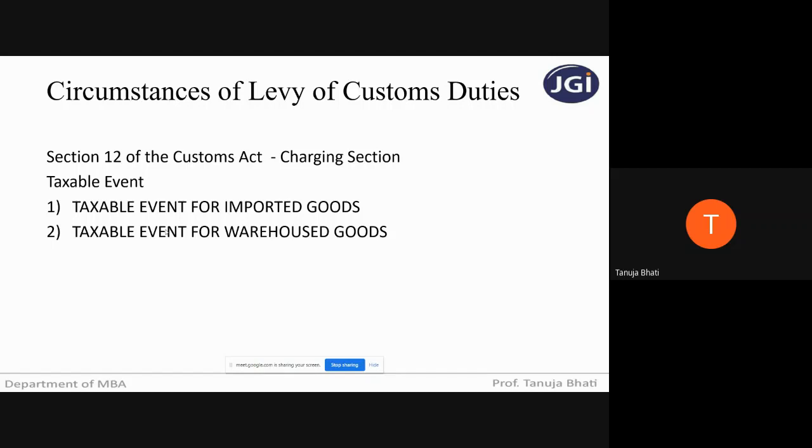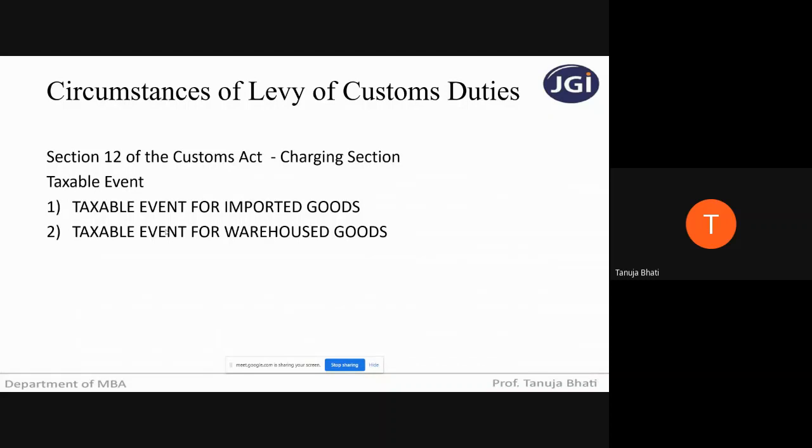He doesn't have the required amount to pay the custom duty. What he will do, he'll keep the goods in warehouse. Now there are two types of warehouse: private and public. Public is run by the authorities, and private is run by certain persons who have taken the license to run private warehouses. Warehouse is a place where the goods are stored till they are cleared for home consumption. Up to that, they are not cleared.